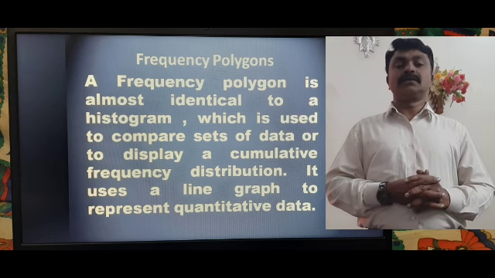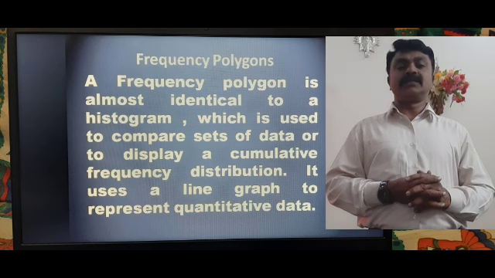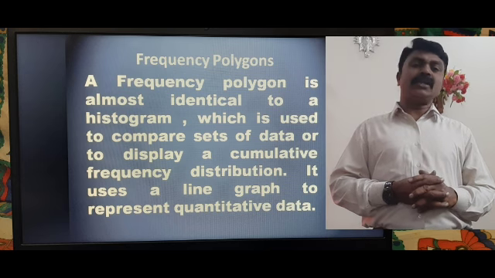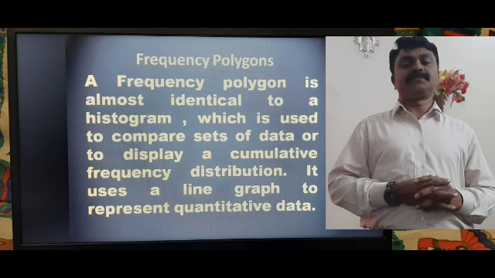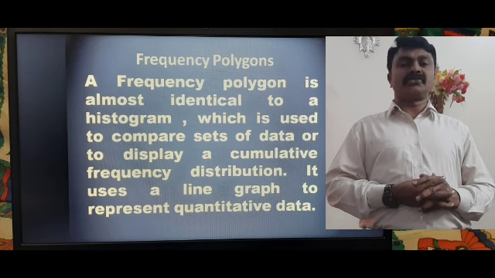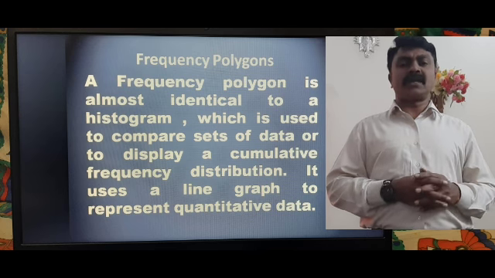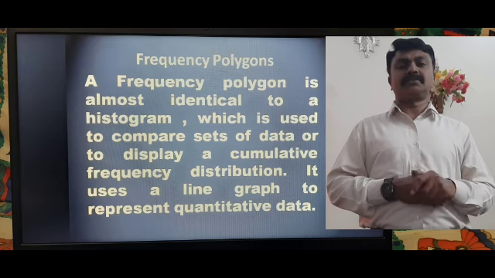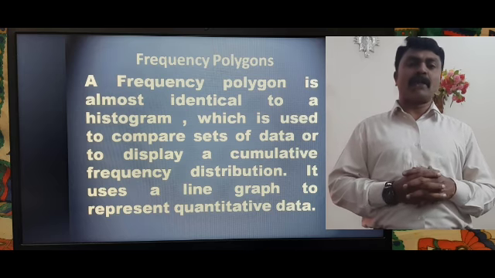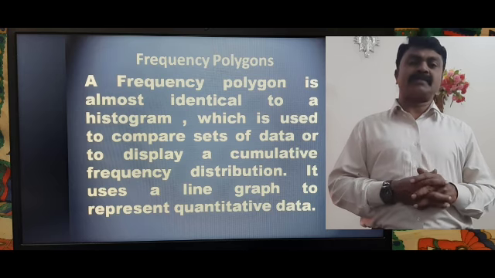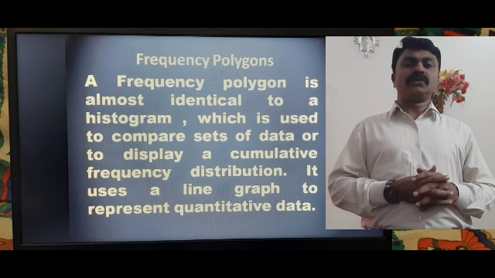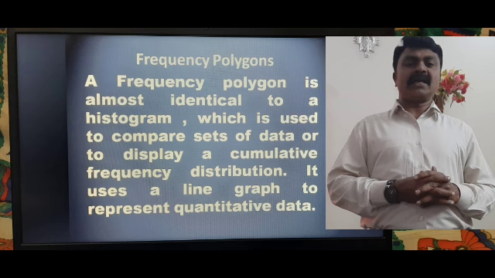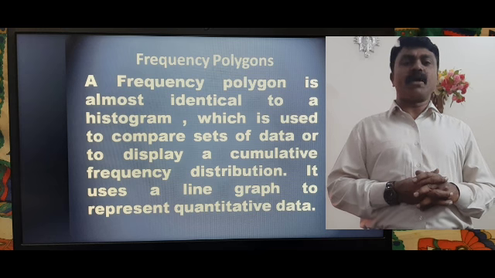Here the graph used is a line graph. Actually, in the Excel sheet, we can choose a bar chart, pie chart, different kinds of charts. Many researchers use line graphs at the time of analysis of their data. This is more appropriate to draw quantitative data represented in different forms.